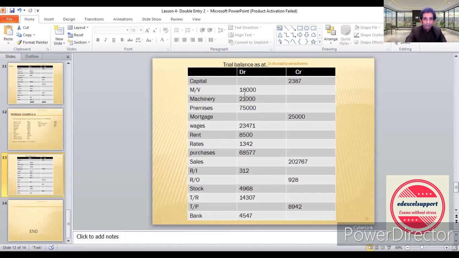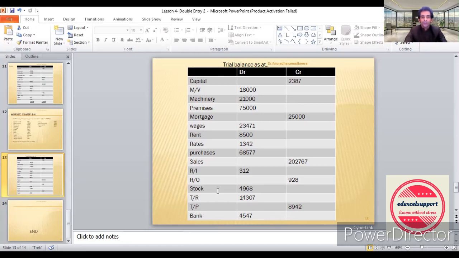So capital credit; motor vehicle, machinery, premises, debit; mortgage credit; wages, rent, rates, purchases debit; sales credit; return inwards debit; return outward credit; stock debit; trade receivable debit; payable credit; and bank will be debit. So you balance off. When you balance off, it will be tallied. So no issue with that.